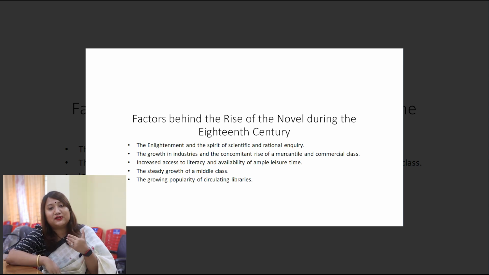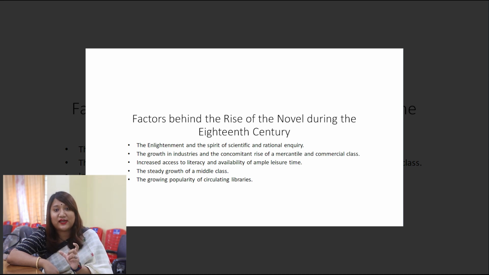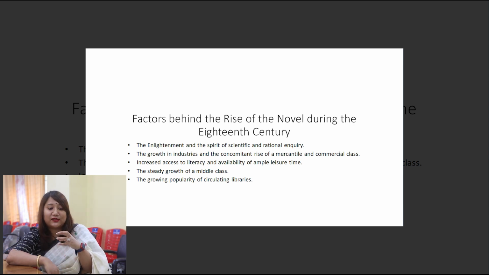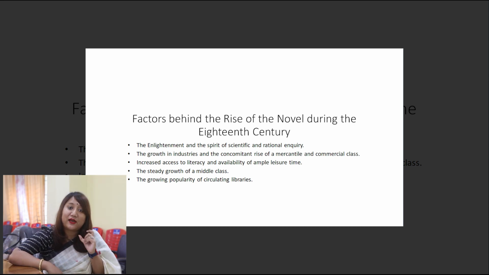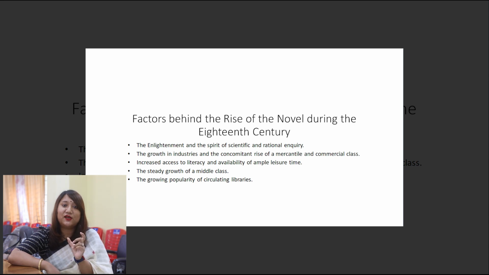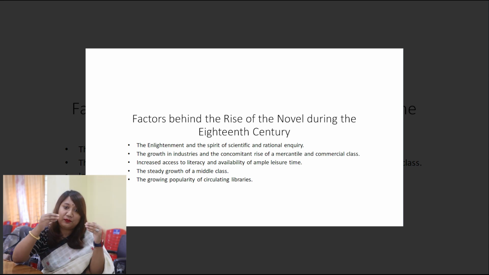Similarly, philosophers like John Locke wrote this book called The Essay Concerning Human Understanding, and John Locke said that the human mind at the time of birth was a tabula rasa. See, tabula rasa is a term which means a blank page.